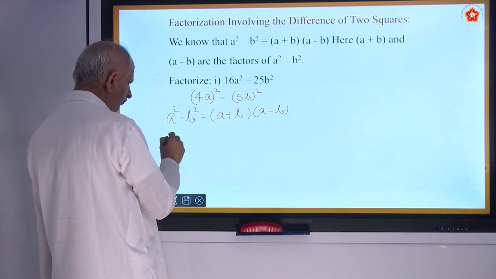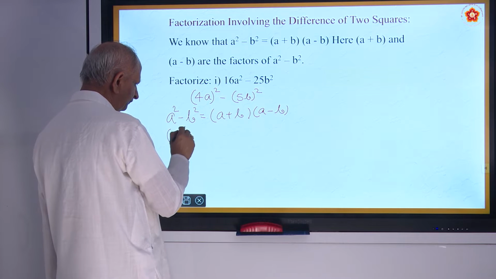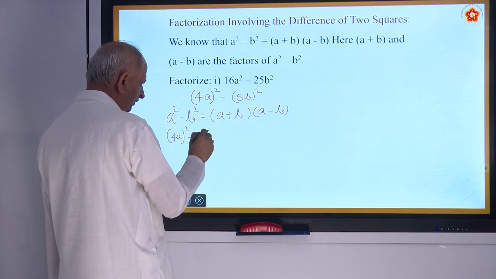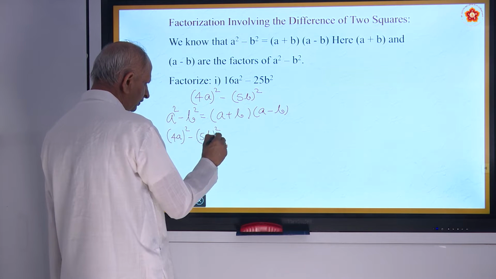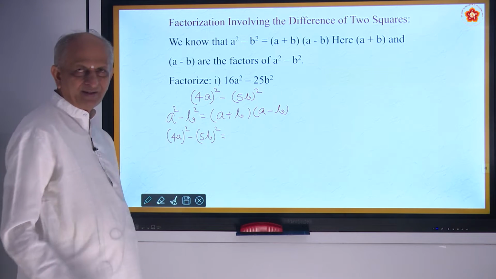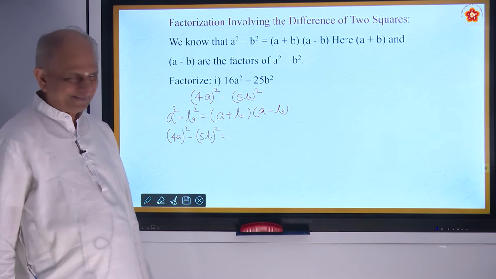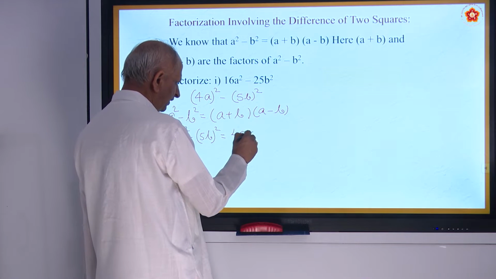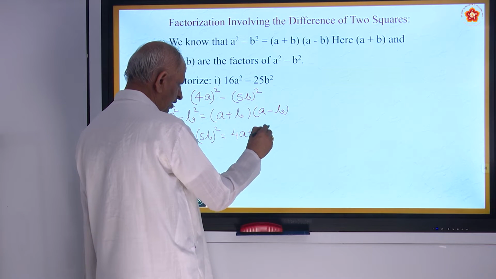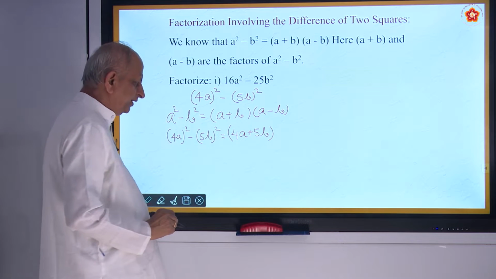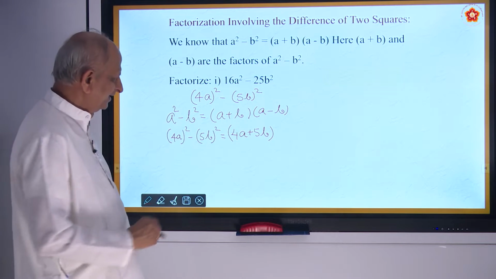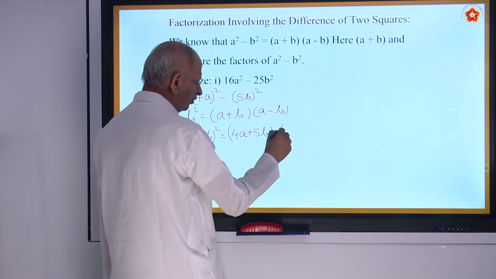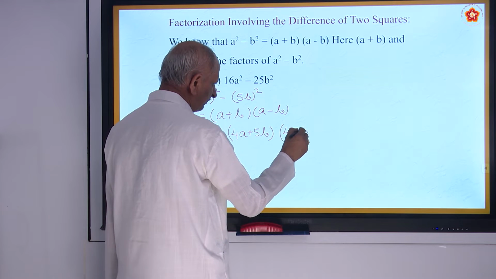So you have 4a square minus 5b square is equal to, come on, what you must write? What is a? 4a. What is b? 5b. 4a plus 5b, and then here 4a minus 5b.